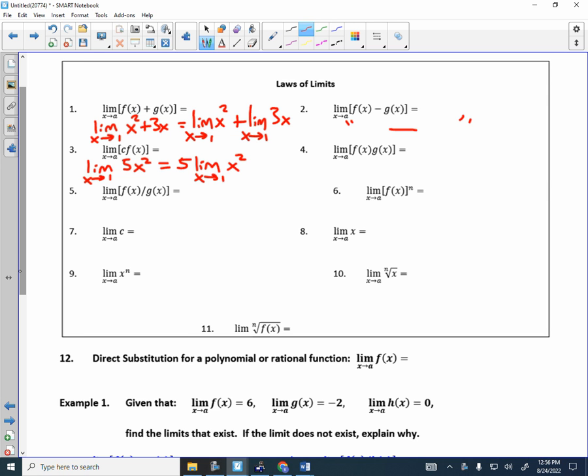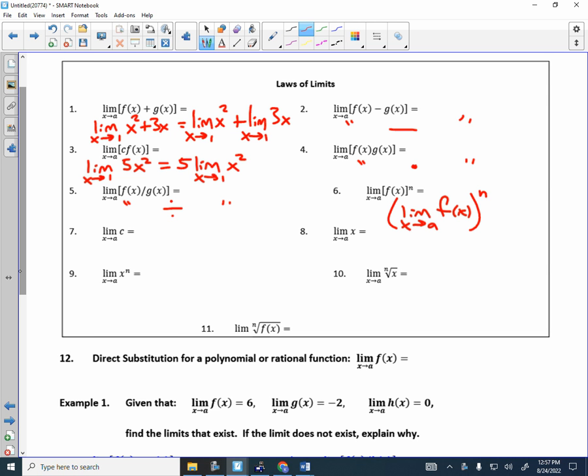Here you have multiplication, so you can use your multiplication just like the addition and subtraction. Here you have division, so you could go ahead and use division just like the addition, subtraction and multiplication. Here you have it raised to a power, so you could take the limit as x goes to a value of the function, and then whatever you get, you can take that whole thing to a power.